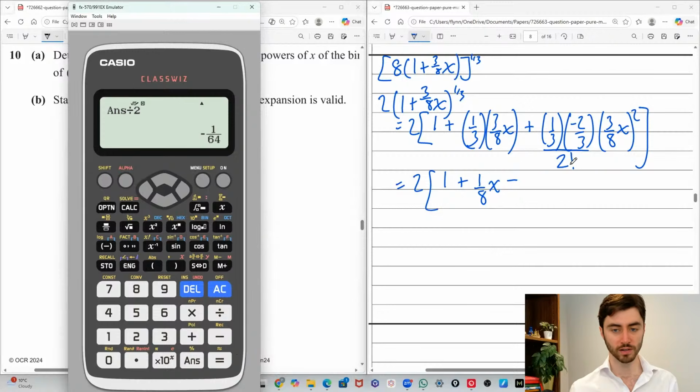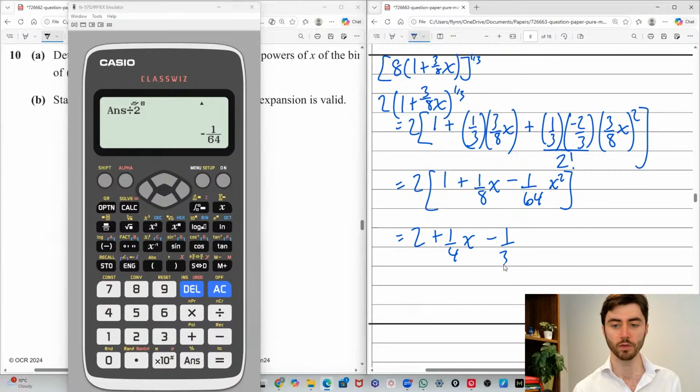Because 2 factorial is 2, so it's minus 1 over 64x squared. And now multiplying the 2 in, we get 1 plus a quarter x minus 1 over 32x squared plus some other random nonsense.